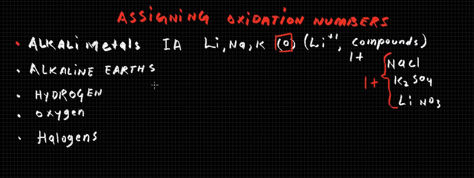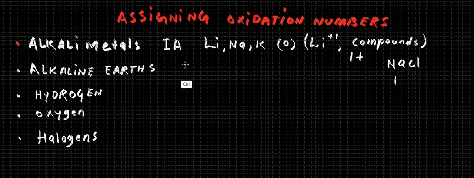Similarly, if we have alkaline earth metals, and alkaline earth metals have certain elements, like we have magnesium, calcium, barium, etc., and they belong to the second group of the periodic table.